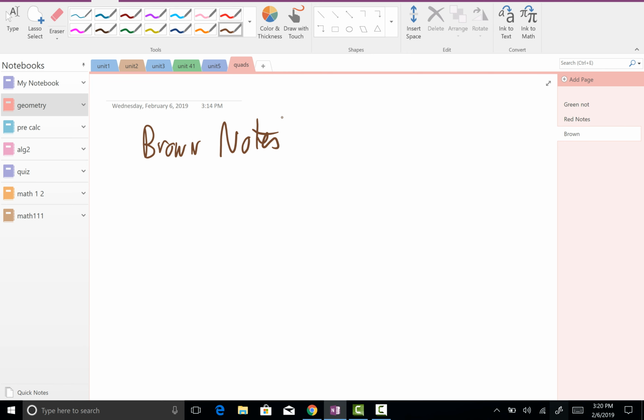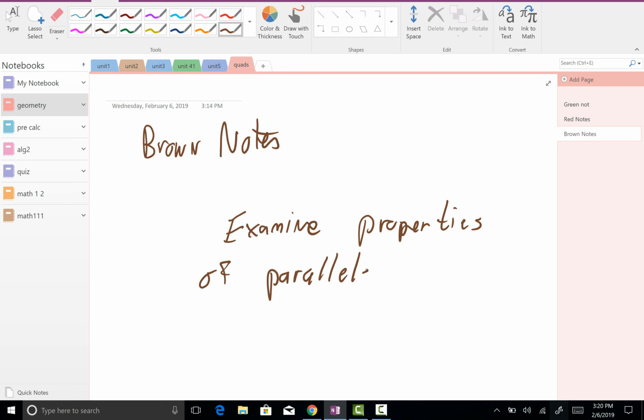Okay, so today we're going to examine properties of parallelograms. So we looked at the classification of parallelograms from their sides when they were equal and their sides when they were parallel.